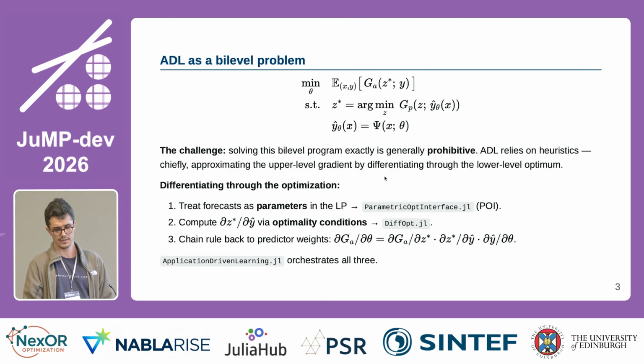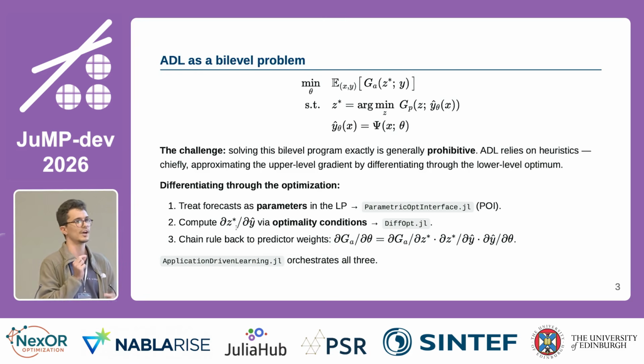In here, we use a lot of the JuMP ecosystem packages to do this. So we use ParametricOptInterface to treat forecasts inside the model as parameters, and we can tweak the values freely. We use DiffOpt, which I believe Joaquin will be presenting everything about tomorrow, to compute these gradients right here, which are the gradients of our optimal decision with respect to the forecast.